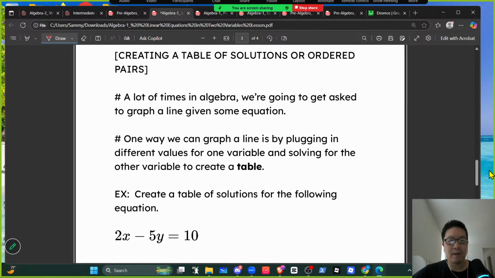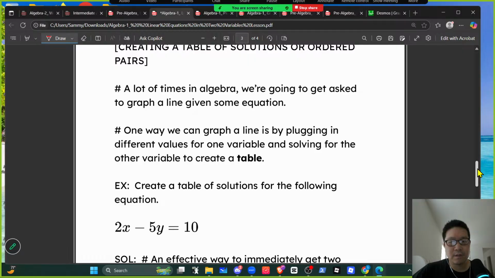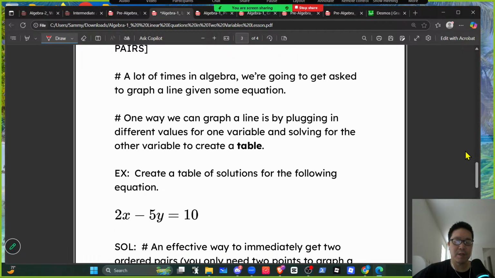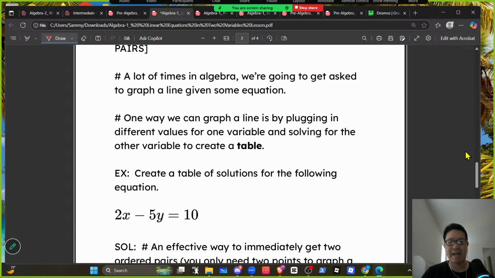All right. So creating a table of solutions of ordered pairs. This is very important because a lot of times in algebra, we're going to be asked to graph a line given some equation. And one of the ways you can do that is by creating a table. Now, there's other more efficient ways to do it.